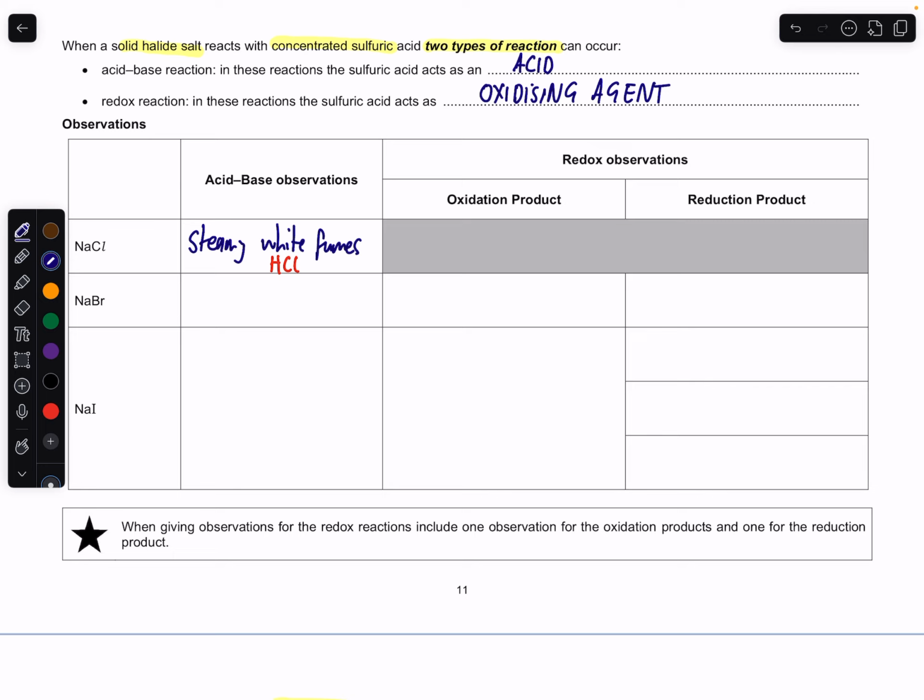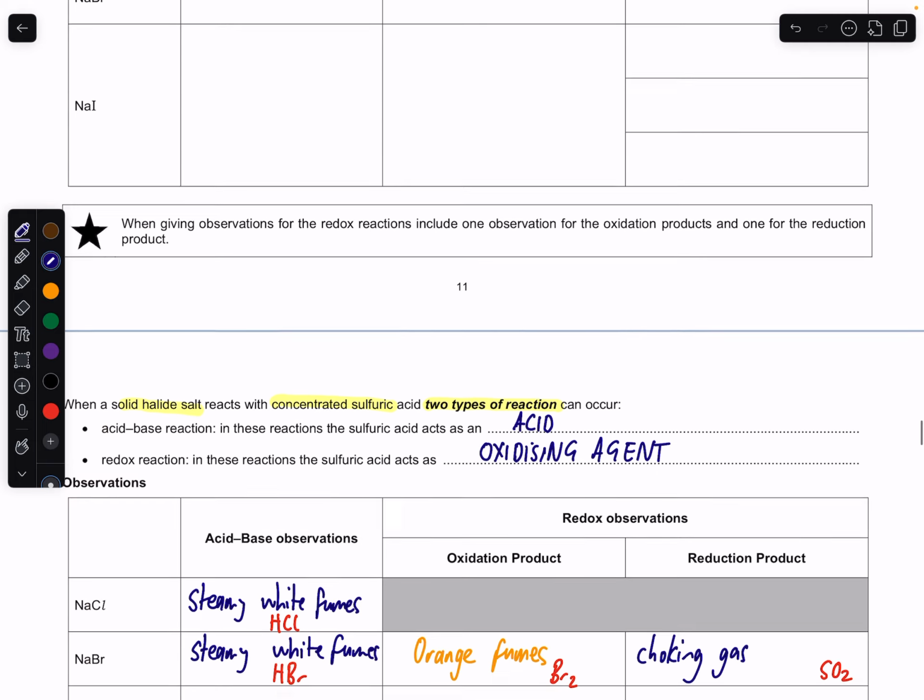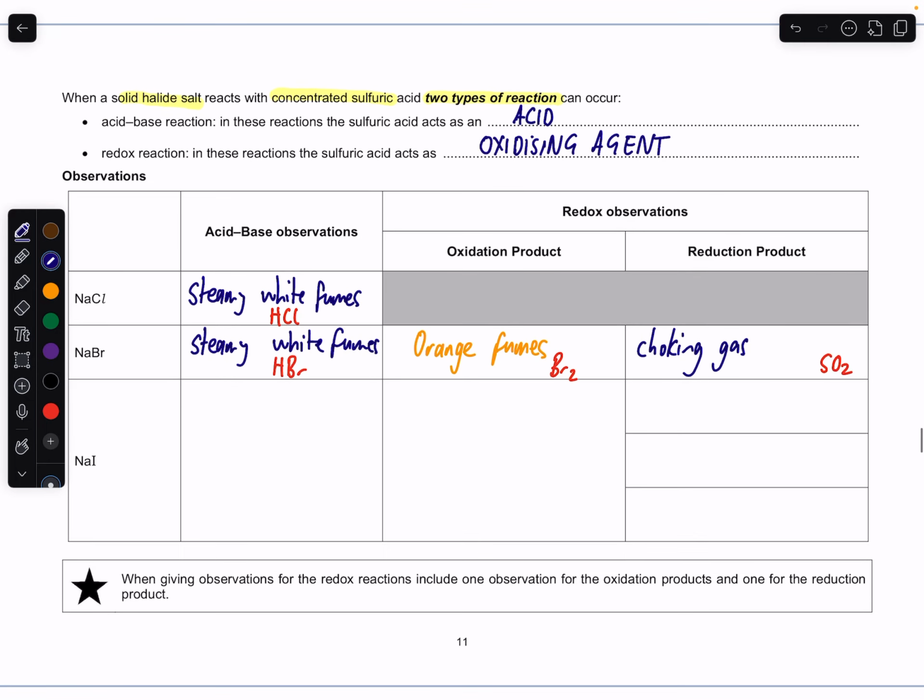If we look at the second row with sodium bromide, we can see that we're going to get both the types of reaction from above. We're going to get the acid-base reaction and the redox reaction. So with sodium bromide, we get the steamy white fumes, this time from the production of hydrogen bromide gas. And the hydrogen bromide is then going to become oxidized into bromine, so we would see orange fumes as our observation, and the oxidation product would be elemental bromine.